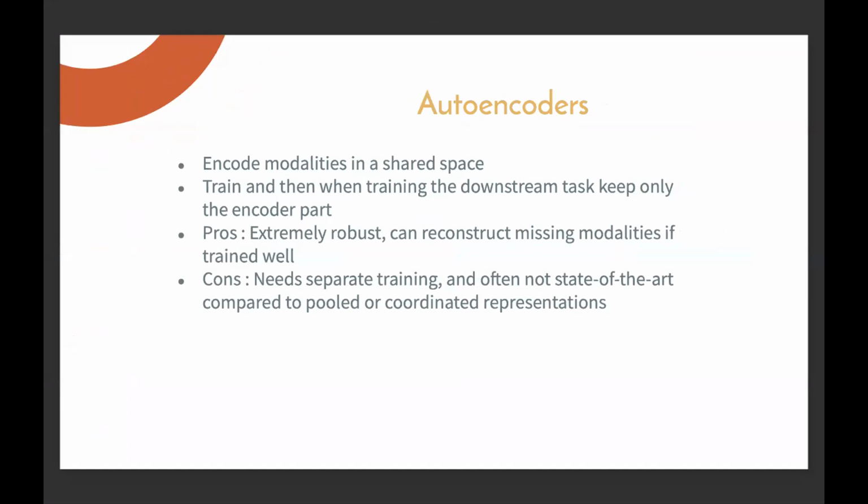We will train the downstream task, and in the downstream task we will keep only the encoder part. The advantage of this way of training is to use a robust architecture, and also the encoder can reconstruct some missing modalities if it is trained well.